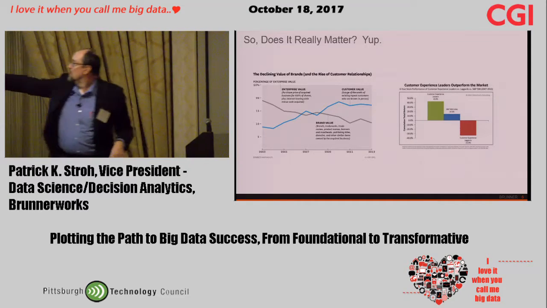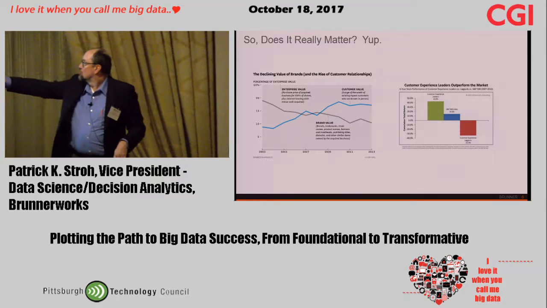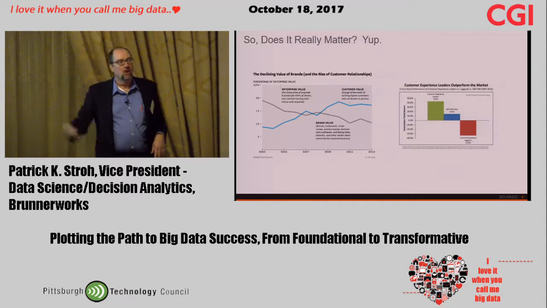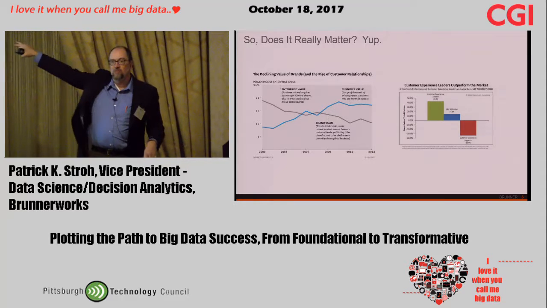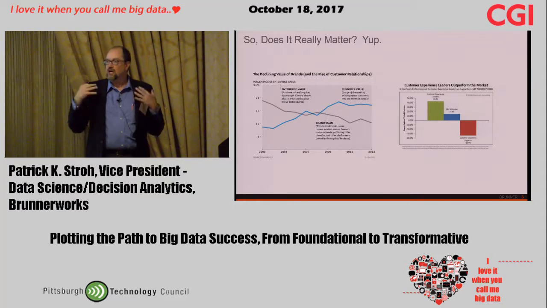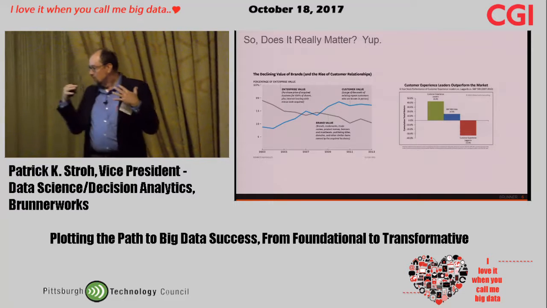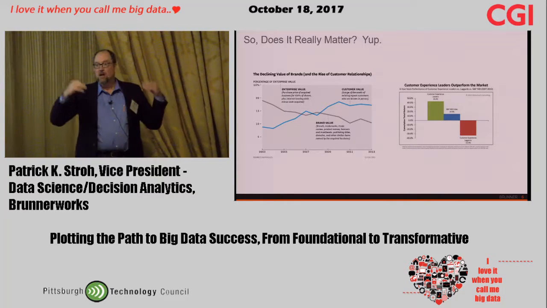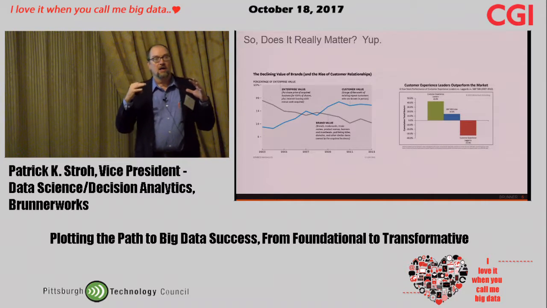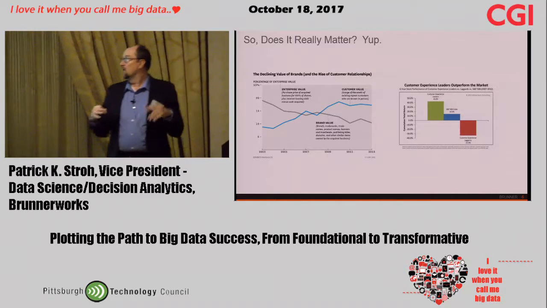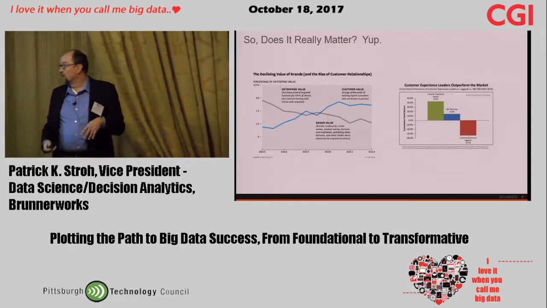Does it come from brand value, your trademarks and things of that sort? Or does it come from your customer value? And you can see customer value and the ability to extract value from that and have strong customer relationships based on personalization and customer relationship marketing and things, kind of the marketing aspects of big data. You can see that that's growing quite rapidly.